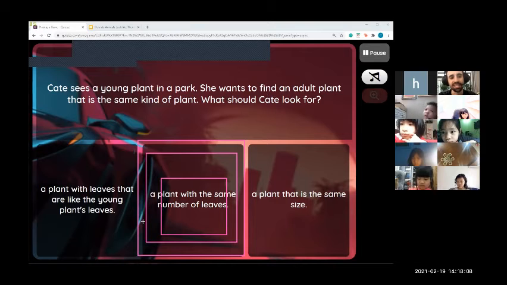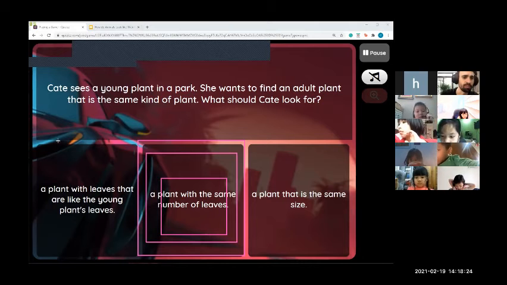So Kate sees a young plant in the park. And remember, young plants look similar to the adults, but they're not exactly alike. Now, if it's a young plant, the parent plant would have probably what? Would the parent have more leaves or less leaves? What do you think?